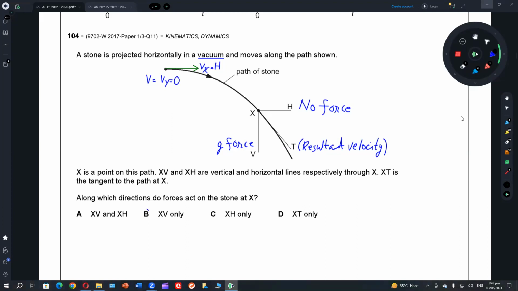And why won't there be a force on XT? XV is the gravity, right? It's going downward. He's asking about XV and XH.